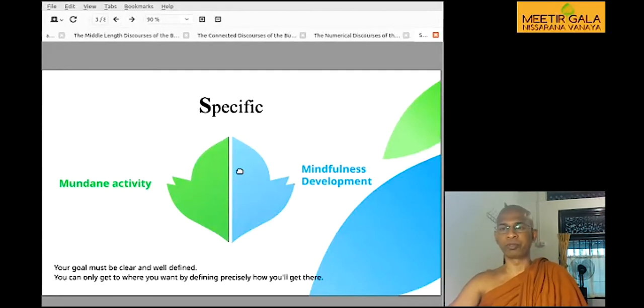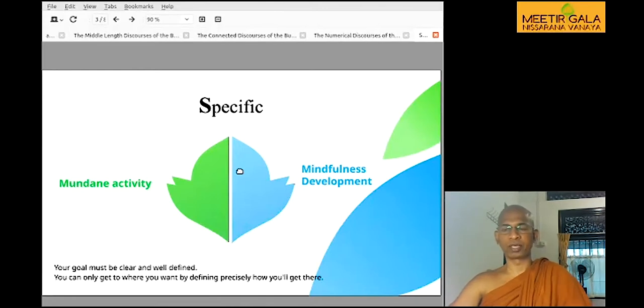Say, for example, when you are paying attention to breathing, you are selecting that particular object. There are so many other objects, but among those you are particularly selecting, say, breathing. So breathing becomes your primary object, and you are so specific on that.